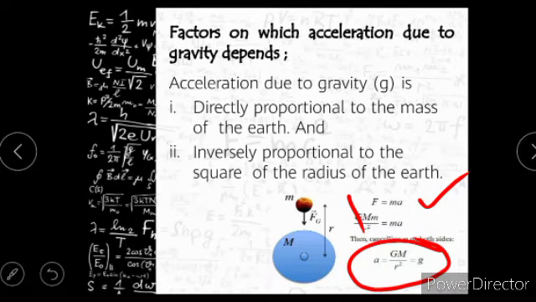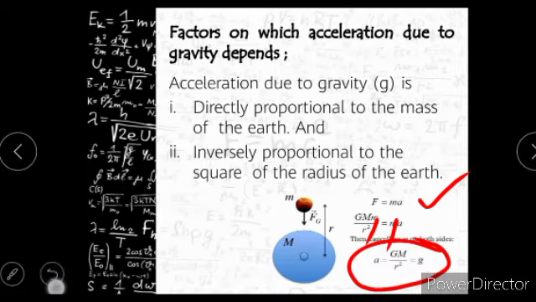If you compare these, you get a new formula: a equal to G m M by r square. If this small m and that small m cancel, then a equal to G capital M by r square. This G capital M by r square is known as small g, the acceleration due to gravity.